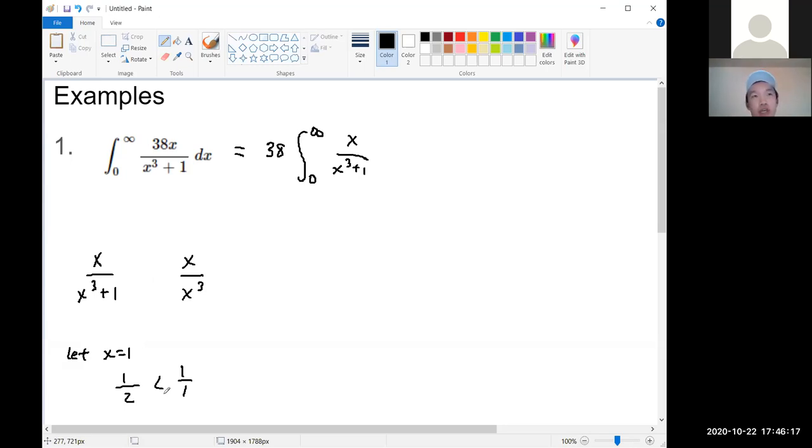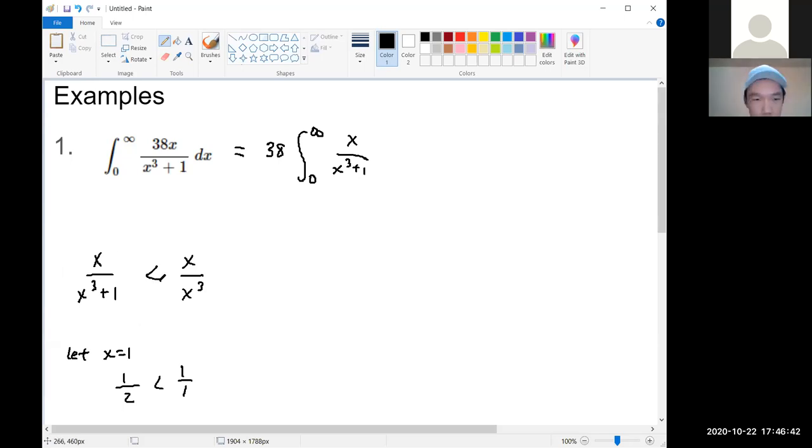Another way you could have reached that conclusion is to say the only thing different between the two fractions is that this one has a bigger denominator because there's a plus 1 in the denominator. And bigger denominators mean smaller fractions. So that's how I would have reached the conclusion, but whatever works. So it's a less than.